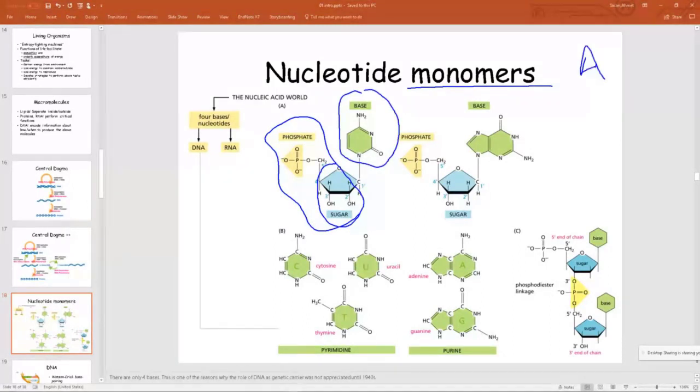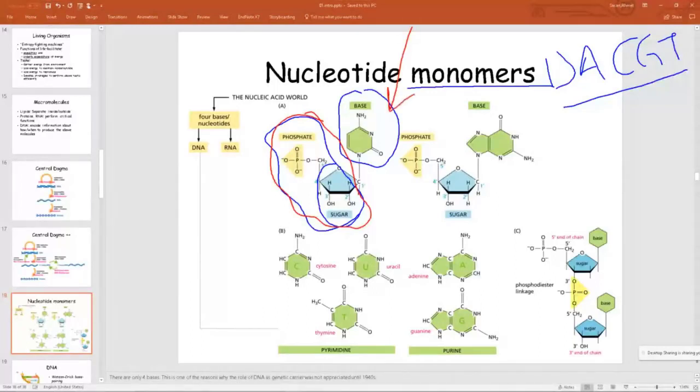All of the nucleotides, A, C, G, T, as using the short letters, and then in RNA we have the uracil, U. These are the 5 different nucleotide monomers. They all have the same sugar and phosphate backbone. What makes them different is this base right here. Okay.